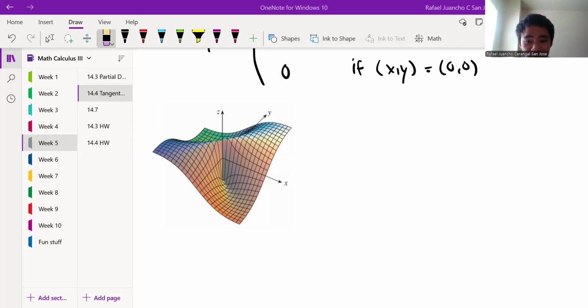And so to rule out such behavior, we formulate the idea of a differentiable function of two variables. I can see it behaving badly, because right now I can't understand the picture. That's how badly it behaves, actually.